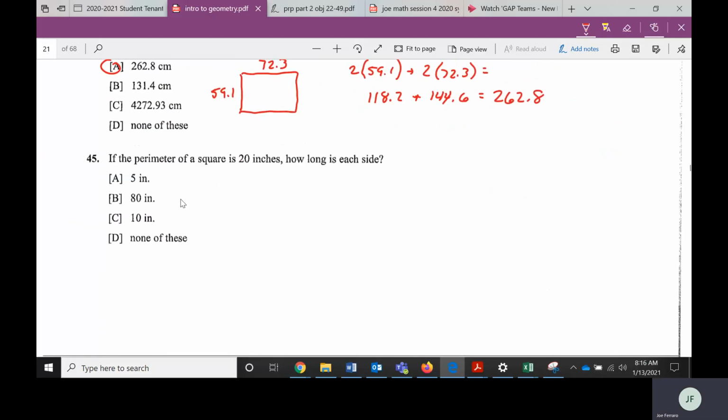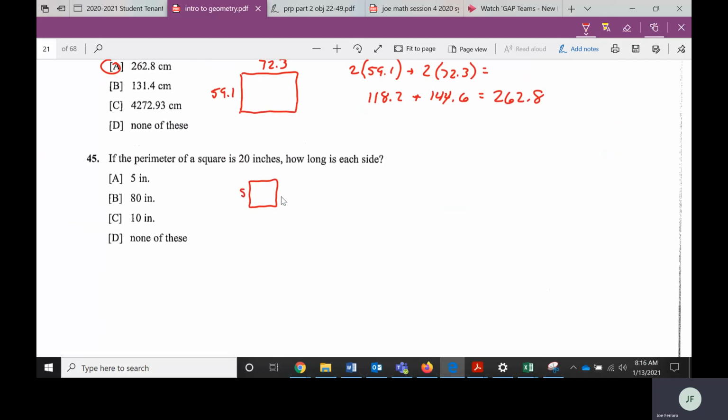45, it's a slightly different problem. Now, don't read this too quick and think it's like the other square problem we did. The other problem with the square gave us a side and we had to find the perimeter. Here we have a square, but don't read this too quick and think the side is 20. It says the perimeter is 20, and we want to know how long each side is.